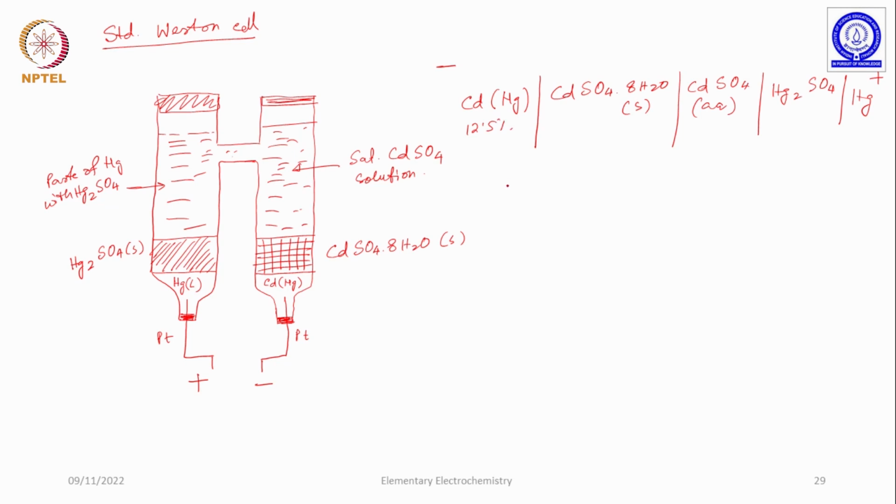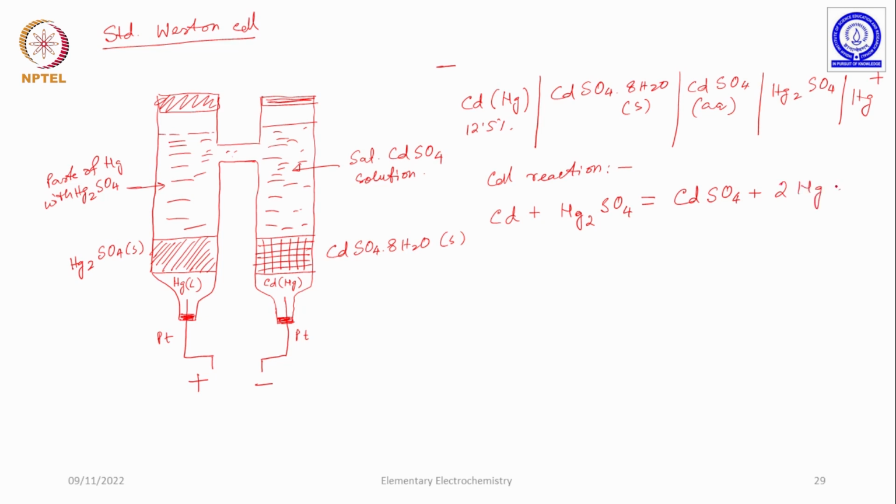So, in this particular cell, what is the cell reaction? Cadmium plus Hg2SO4 giving you CdSO4 plus 2Hg, that is mercury.